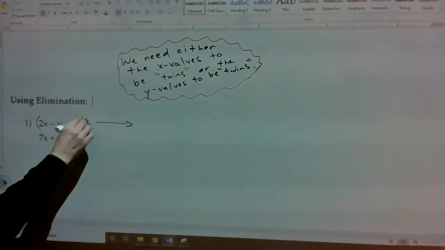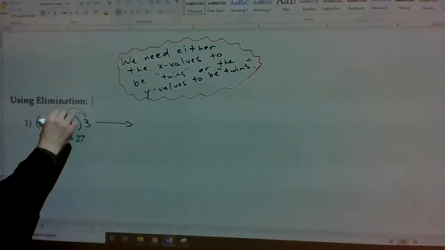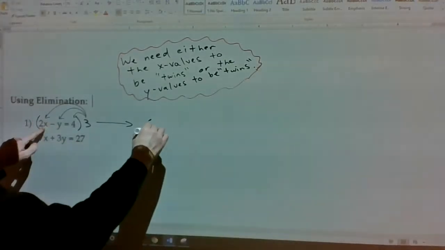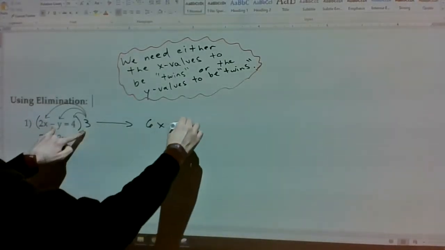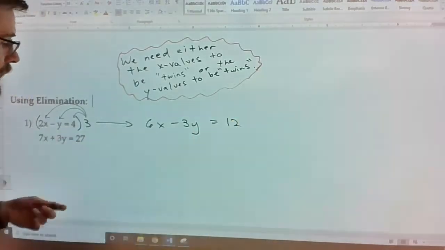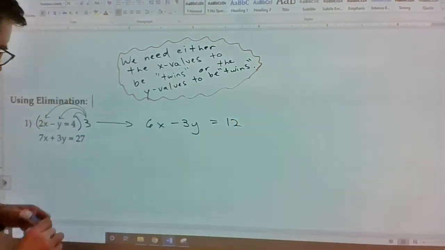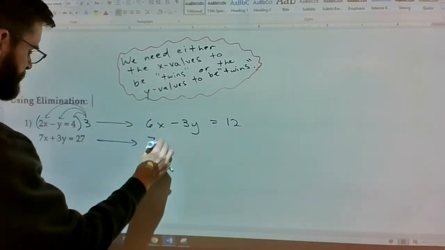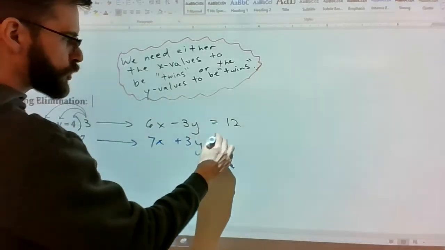You take 3 times 4, 3 times negative y, and 3 times 2x. That gives you 6x minus 3y equals 12. On the bottom, again, if it's blue, that means nothing was changed. 7x plus 3y equals 27.